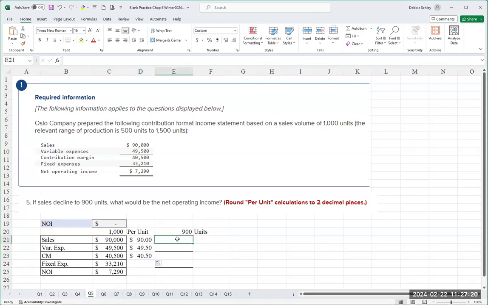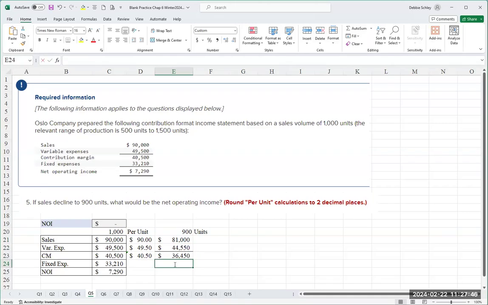So I can go and do this per unit times the 900 units. And I didn't anchor the cell, so that gives me my total. And then remember, contribution margin is sales minus variable.